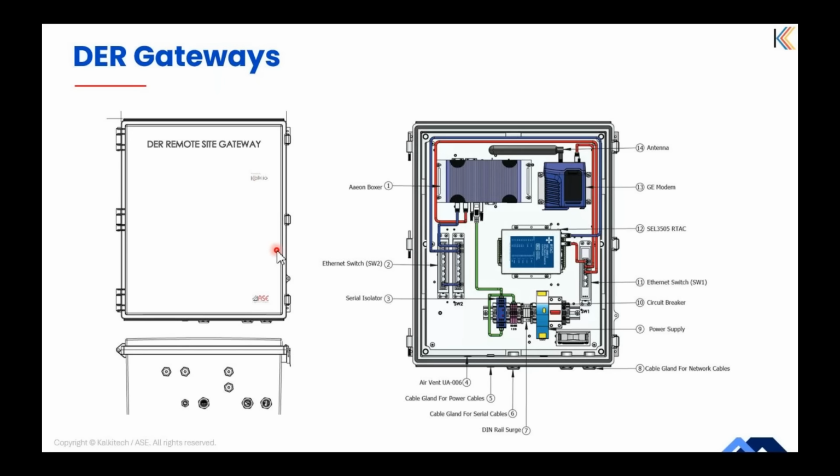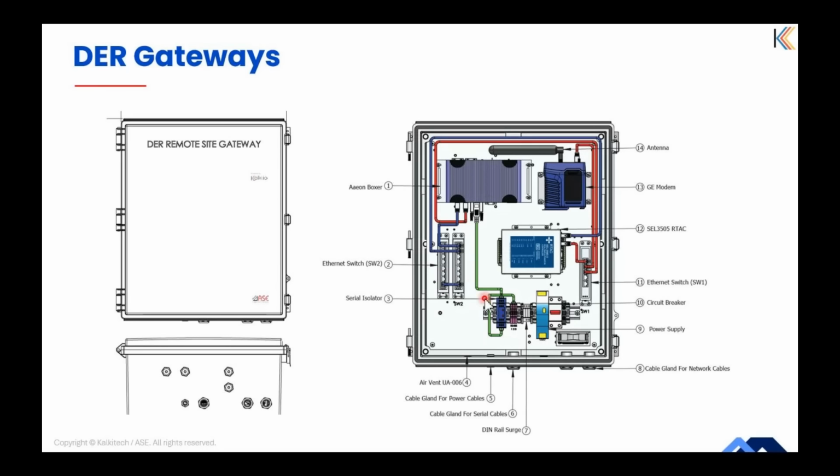On the left, you can see the exterior view of this robust gateway enclosure, designed for reliable deployment in various field conditions. It is a NEMA 4 certified device, so it can be mounted outdoors.